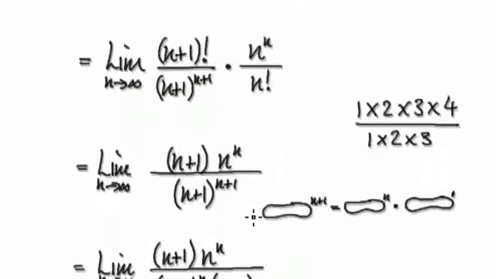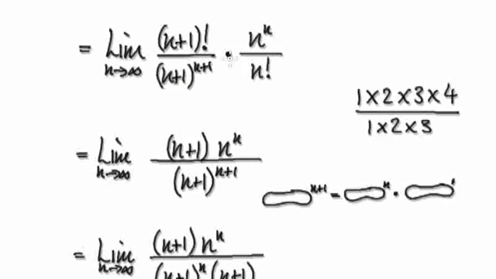Now looking at this, this will cancel out with this thing here, because you've got n factorial and one notch higher, n plus 1 factorial. That's like me giving you this: this is your n, this is your n plus 1.